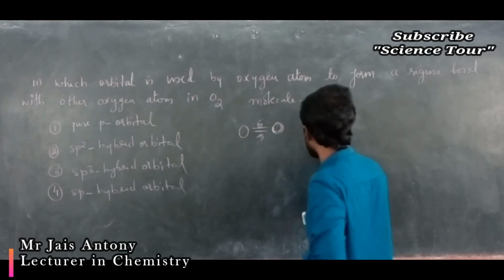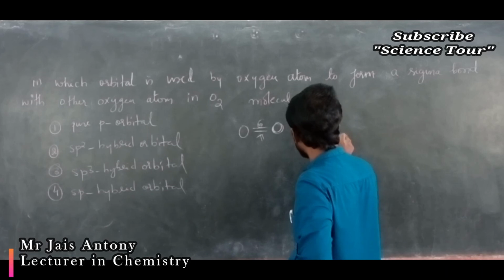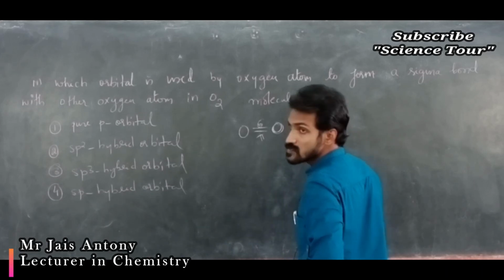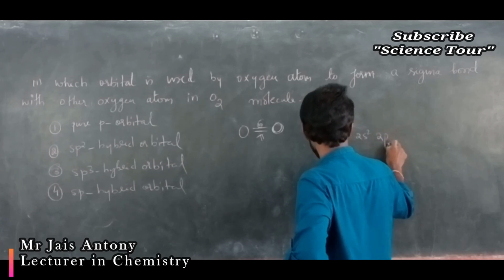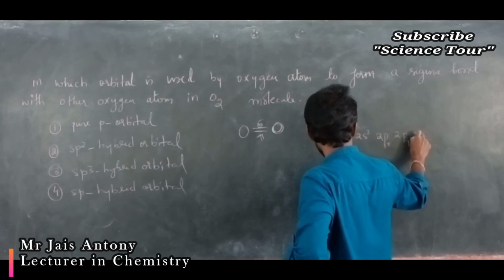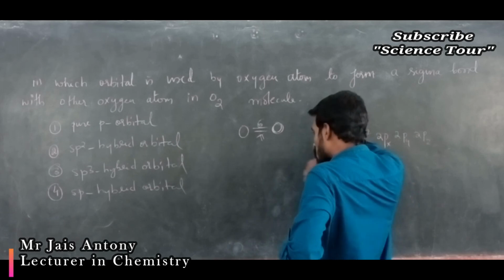I will explain. Oxygen atomic number is 8, so 8 electrons: 1s2, 2s2, 2px2, 2py1, 2pz1.